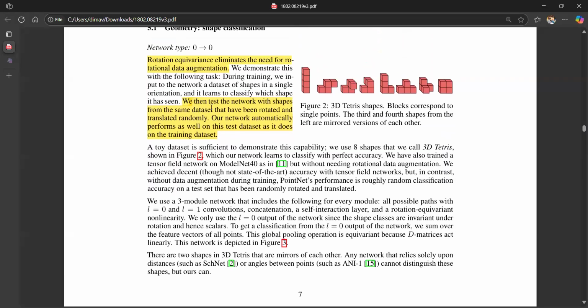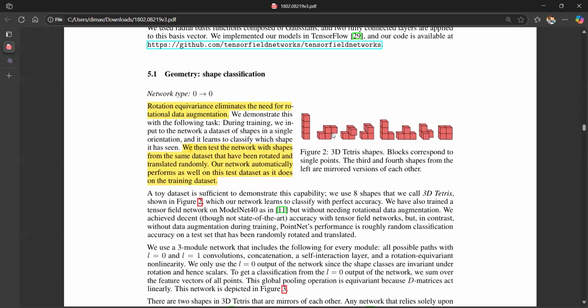Yeah, so the task is that if you have some shapes and you identify them, then you can rotate them and still perform on the augmented data set.